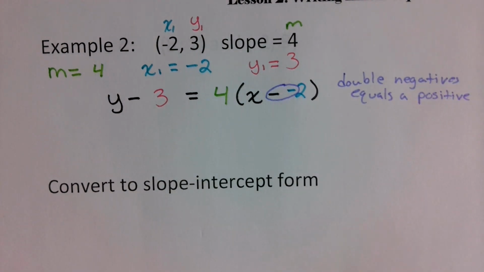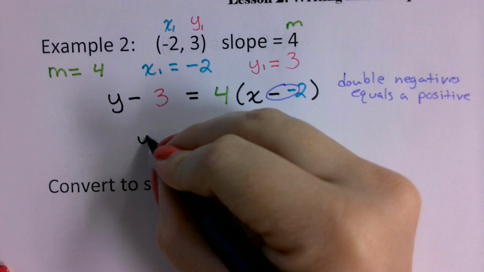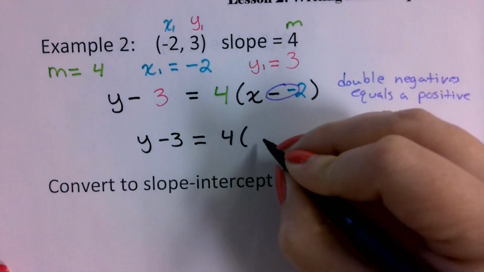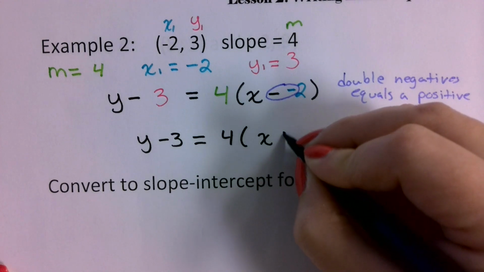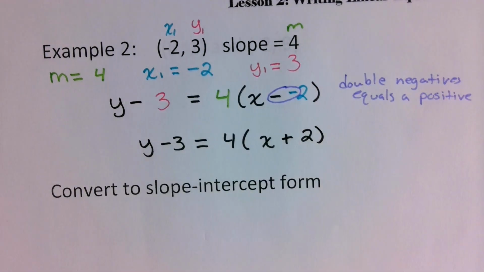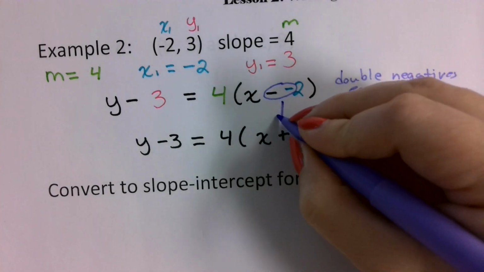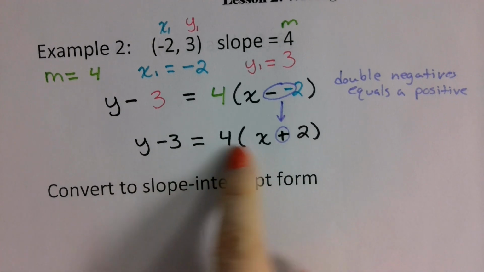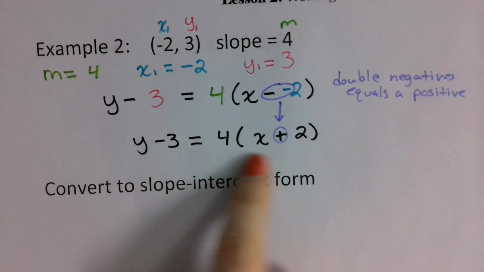So when I rewrite this, I'm actually going to write it as y minus 3 is equal to 4 times the quantity of x plus 2. Okay, I'm going to take that double negative and I'm going to convert it to a plus 2. Everybody clear on that? Okay, so this is what our point slope form should look like.